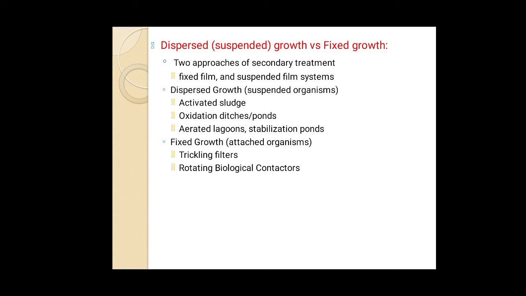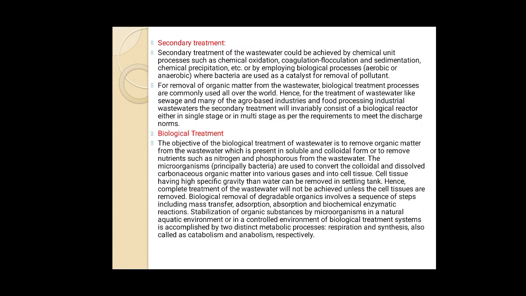Then activated sludge, organic oxidation ponds, and aerated stabilization ponds are important. And for the fixed growth, there are trickling filters and rotating biological contactors. These are important for the fixed growth.